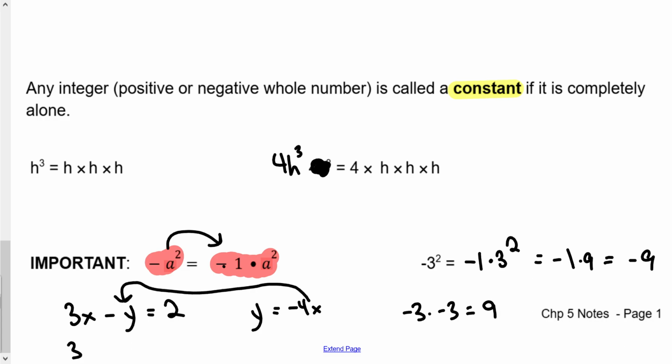I taught you that we would always kind of slide in a 1 right there, so it'd be like -1 times -4x. And then we're like, hey, get rid of parentheses. That's what's happening right over here. Just slide a 1 in front of that lonely letter right there. Or, in this case, think of it as -1 times 3 to the second power. It's just a really important rule that you're going to see over and over and over again, and we're going to practice that some too.